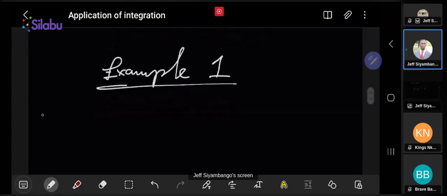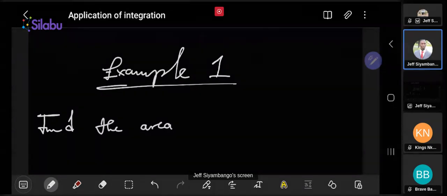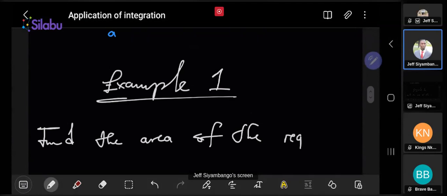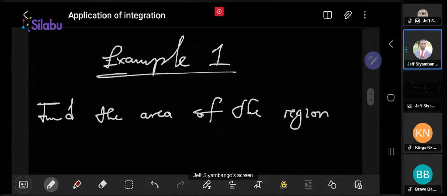So very, very basic. The first one was saying find the area of the region bounded by the graphs.